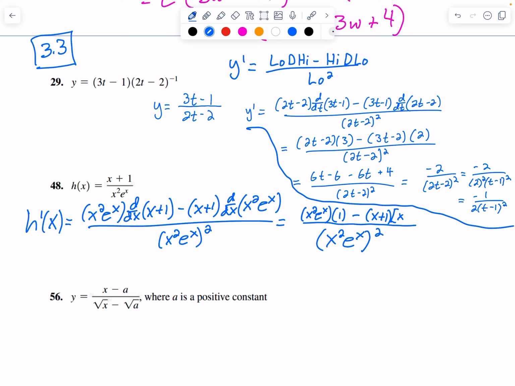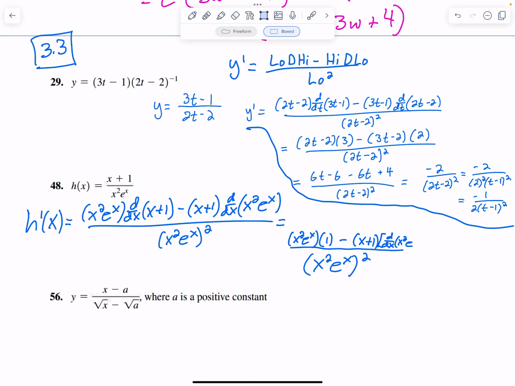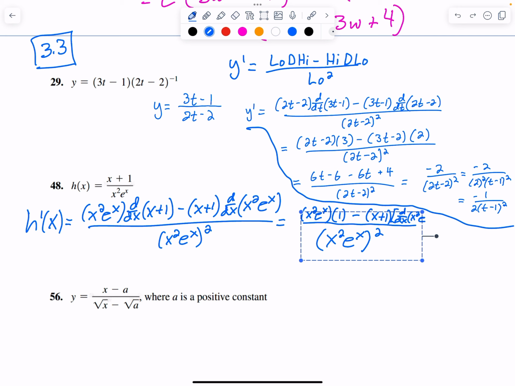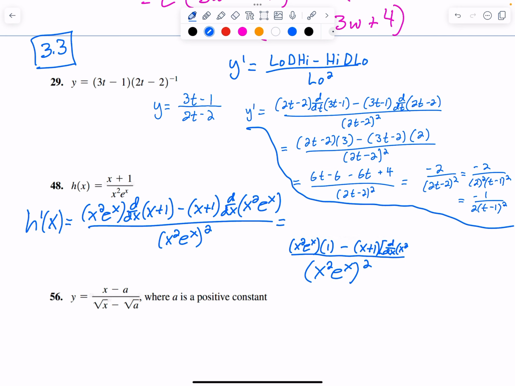So I get the derivative of the first, d dx of x squared, times the second. Then be careful here, this is minus the whole thing. So plus the derivative d dx of x plus 1, and then times the second, which is just e to the x.